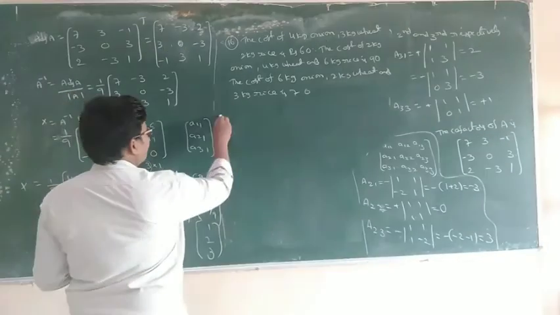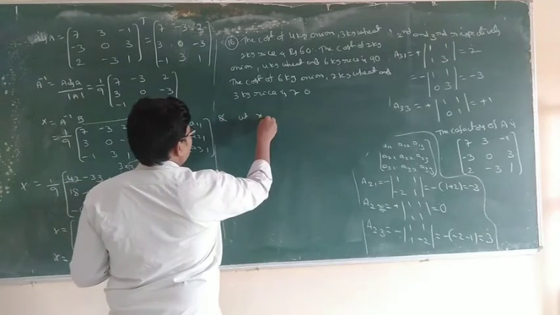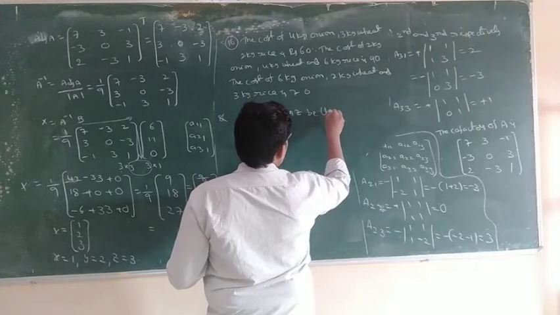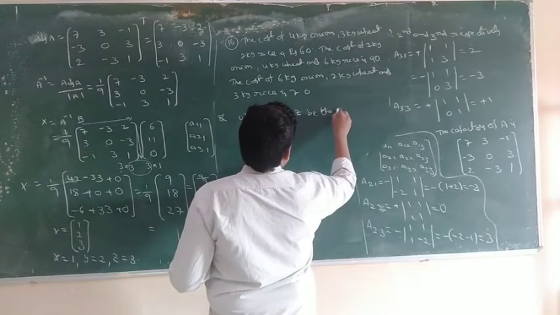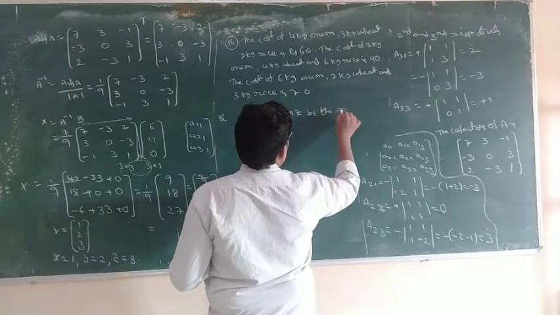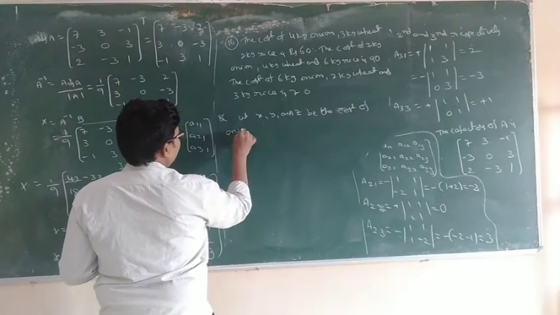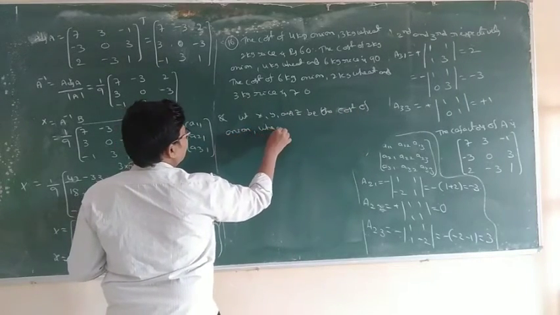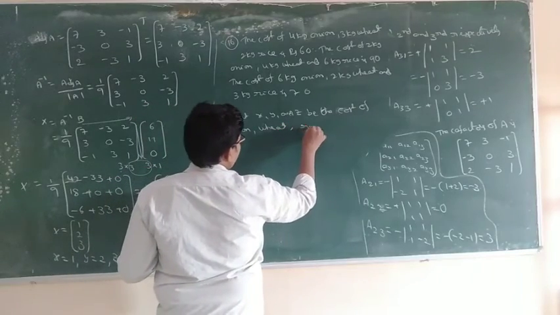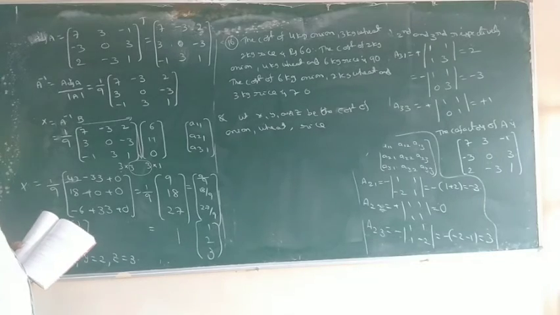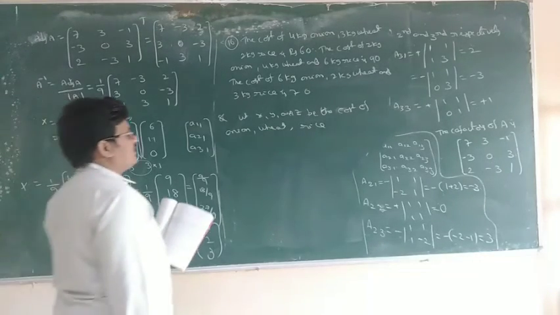So for the problem, first of all, let x, y and z be the costs. X means onion, y means wheat, z means rice.